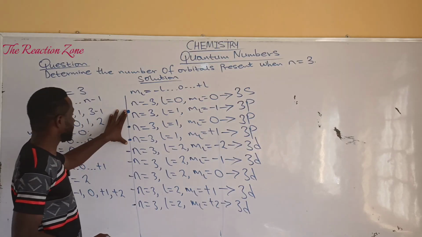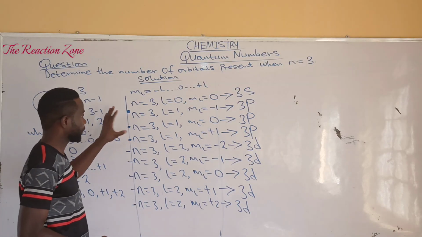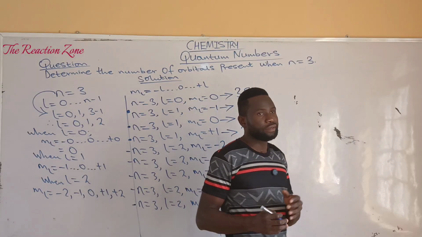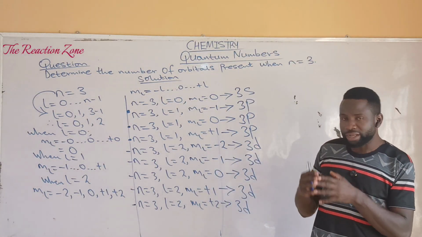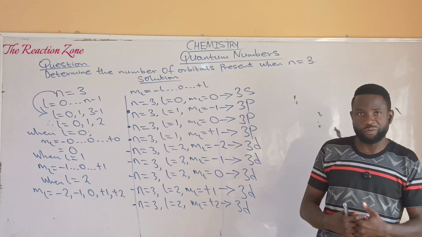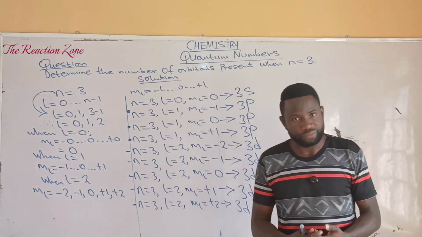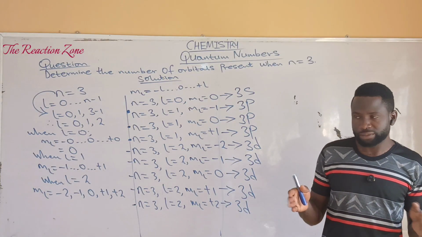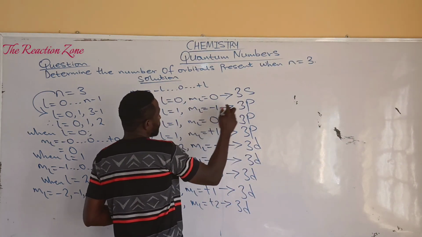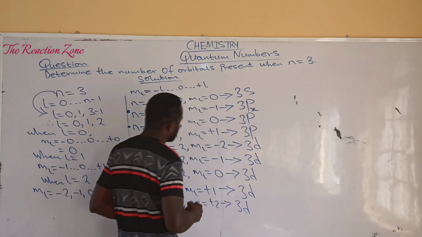Now let's start with this 3 here. The magnetic quantum number determines the orientation of orbitals of a particular subshell in space. For the first one, where ml is equal to -1, it is the 3px.